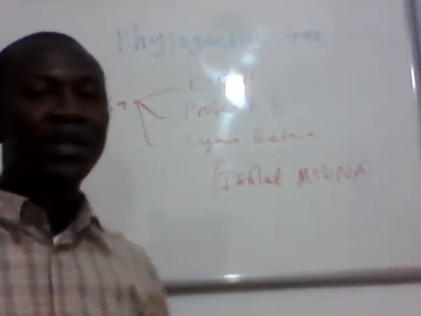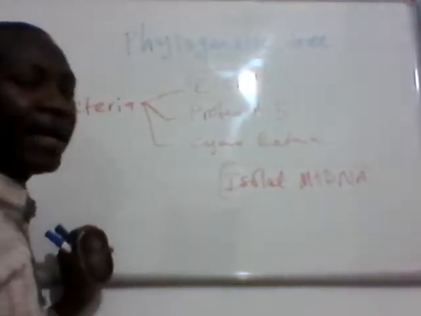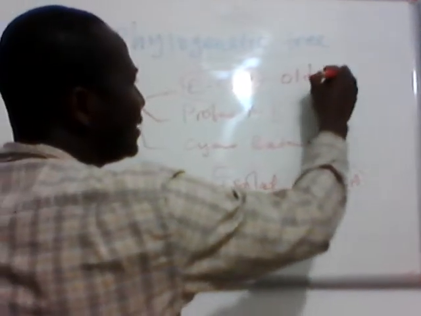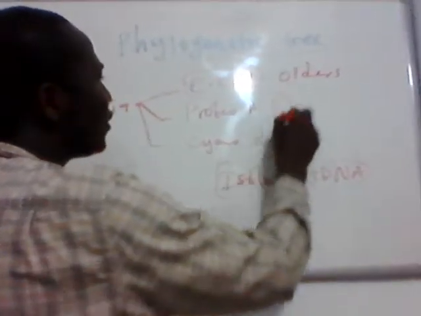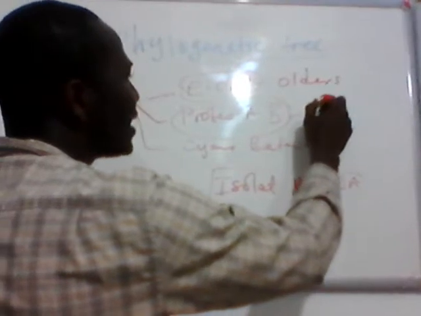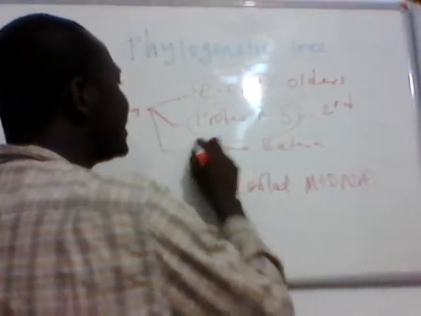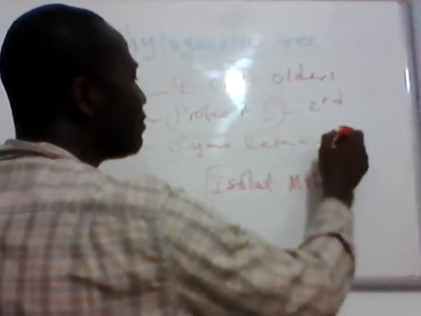So when you have your results, suppose your result shows that E. coli was the oldest species, followed by alpha proteobacteria second, and the third one is cyanobacteria.